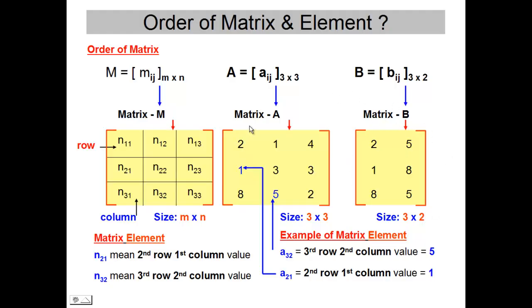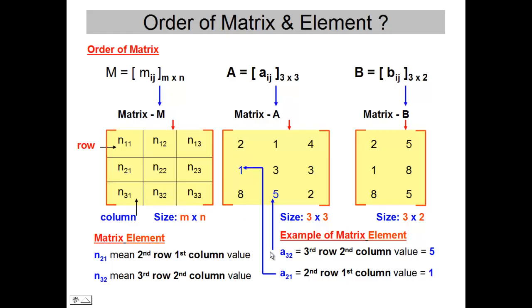Now what is the element notation in a matrix? A matrix element we can identify by, for example, N21 means second row first column value. N32 means third row second column value.